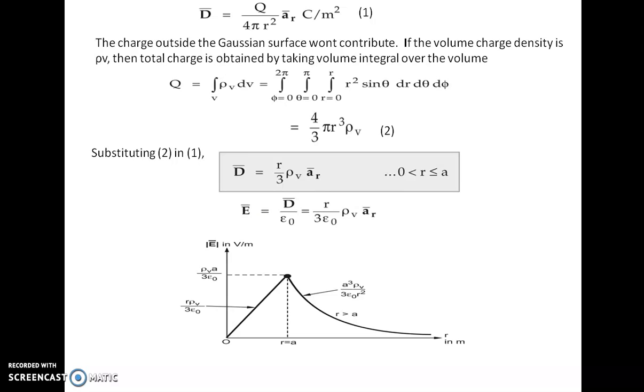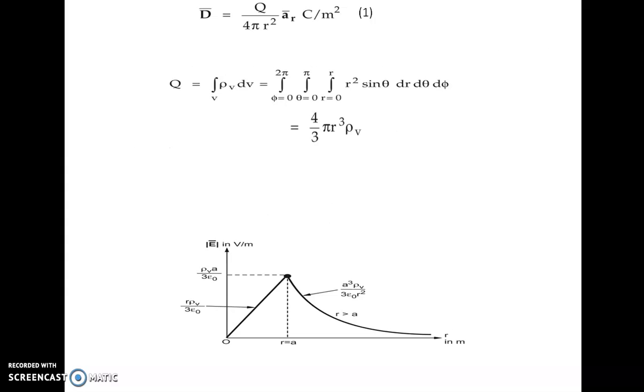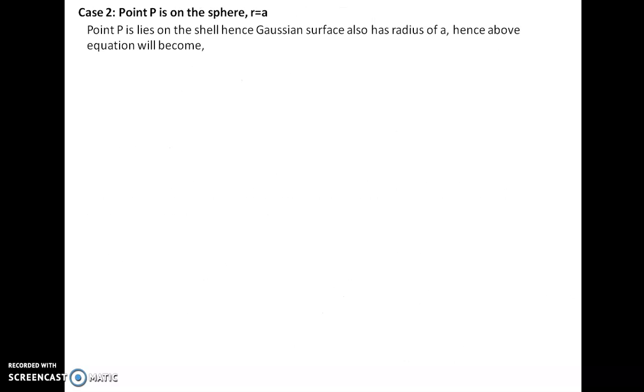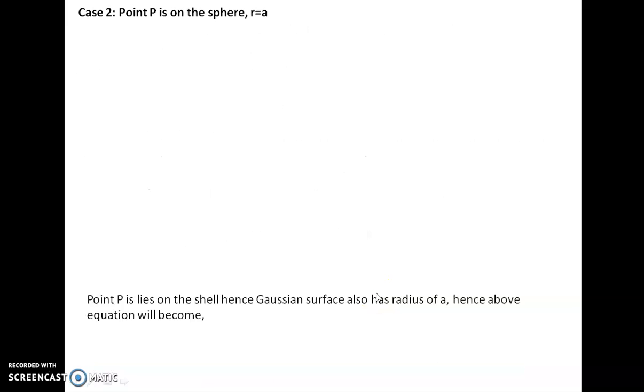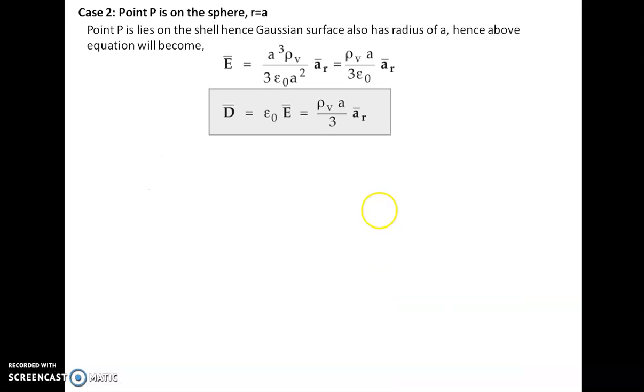So we got all the three cases. For the first case, we obtained the expression for D as a cube rho_v by 3 r square into a_r cap, and E is equal to a cube rho_v divided by 3 epsilon naught r square into a_r cap. In the second case, we got the expression for D as rho_v a by 3 a_r cap, and for E as rho_v a by 3 epsilon naught into a_r cap.